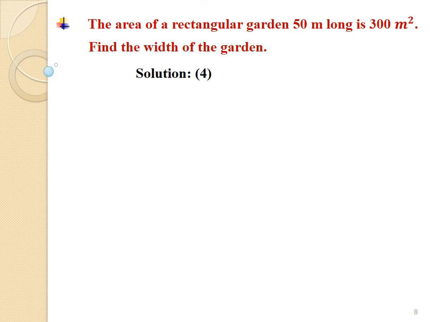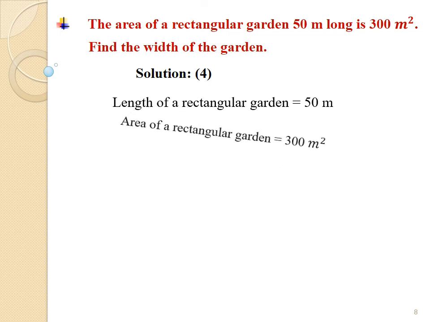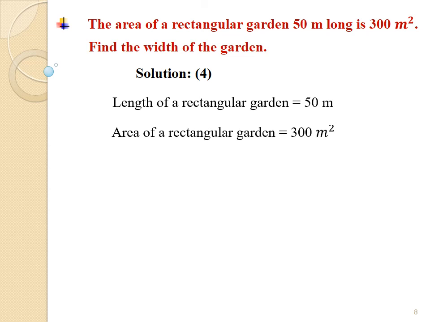Length of the rectangular garden is given 50 meters. Area of the rectangular garden is given 300 square meters. Therefore, width of the rectangular garden equals how much?